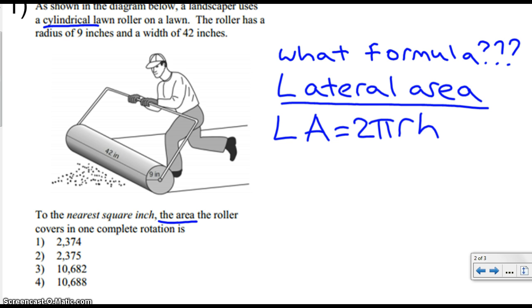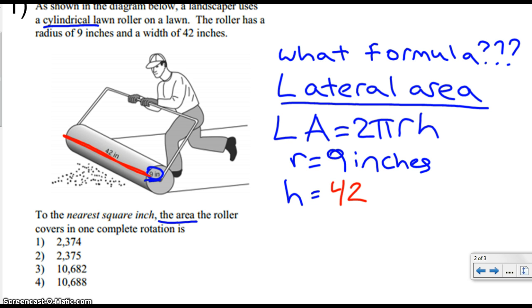Okay, well, now I just have to figure out what's my radius and what's my height. Looking over at this, I can see the radius of my roller is 9. So I'm going to throw that in there. And I see the height of it, or in this case, the side height of it is 42. So I'm going to put a 42 in here.